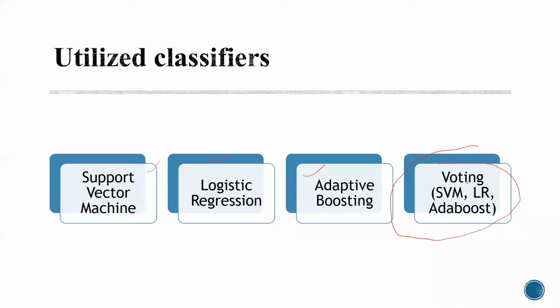Following these three, a voting ensemble came up where you have SVM, logistic regression and adaptive boosting as a kind of committee of classifiers, whose decisions we can combine together to hopefully achieve better results.